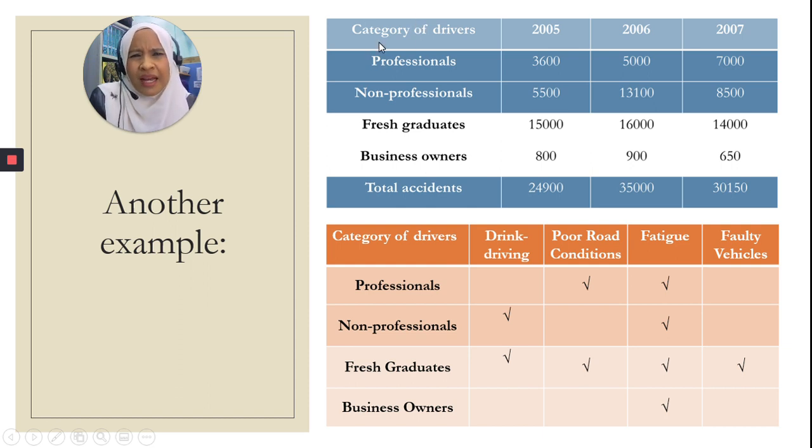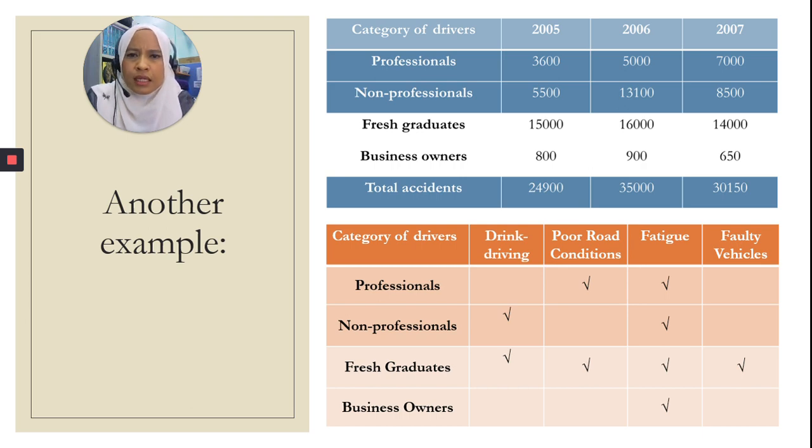It has the category of drivers and the number of accidents happening within 3 years. The next table is still talking about the same category of drivers, but we are looking at another key feature, which is reasons for the accidents.